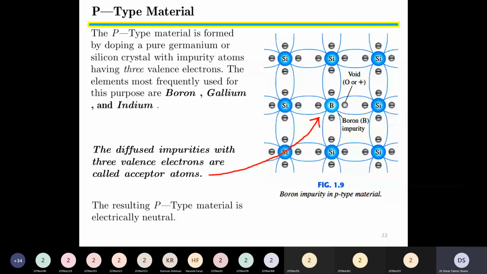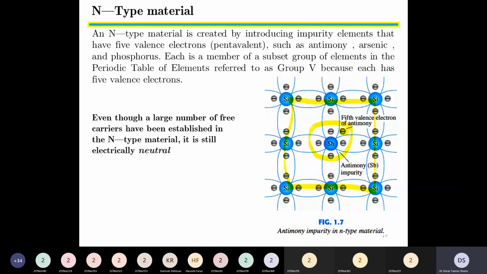Okay, so when we added the antimony atom, it was neutral itself. If we count the electrons in antimony and the protons in the antimony atom, both are equal. So we are introducing a neutral antimony atom into the intrinsic silicon.